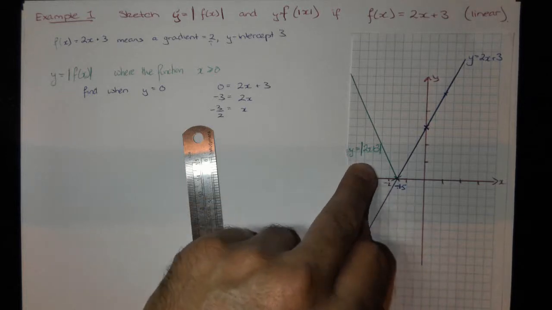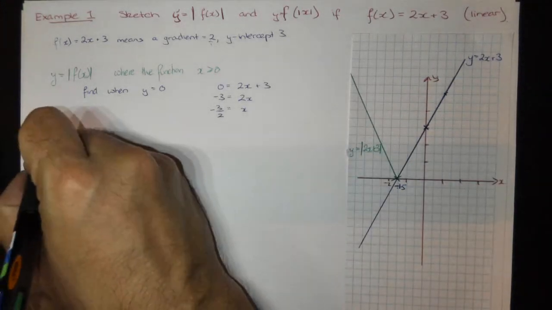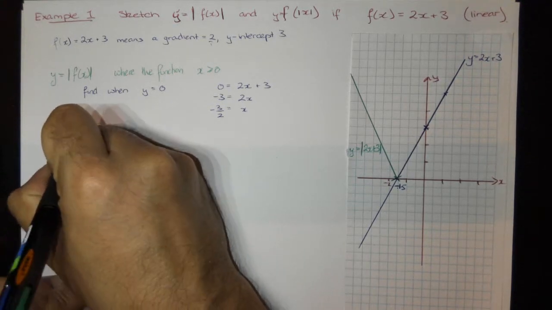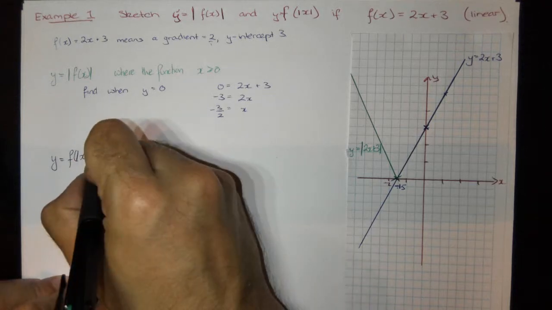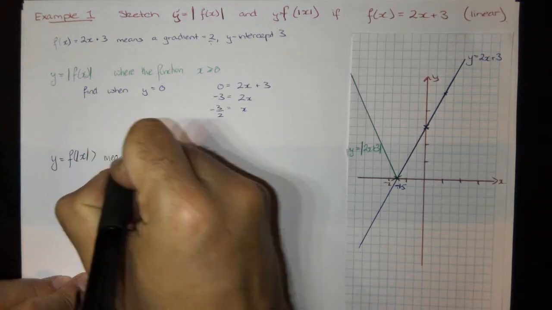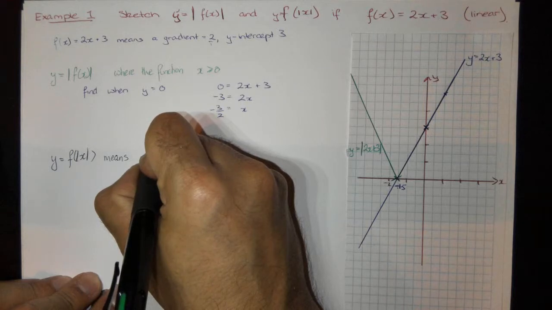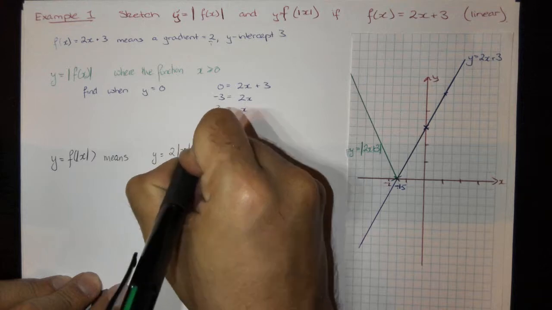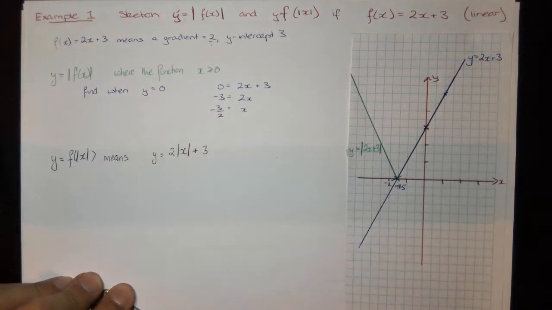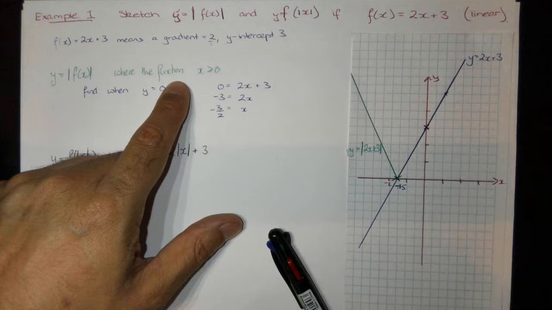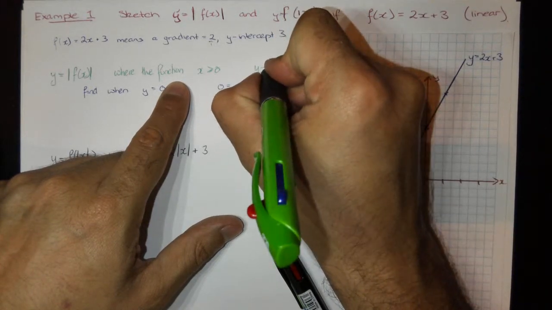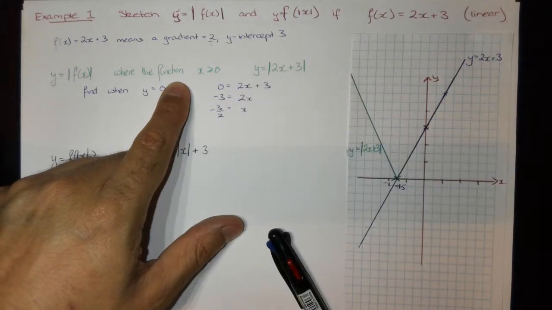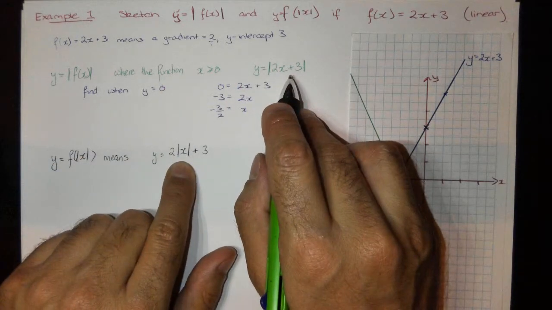The other function I want to do is y equals f of absolute x. That means we have y equals 2 absolute x plus 3, whereas in this case, this was actually y equals the absolute of 2x plus 3. See the difference? It's only the x value which is an absolute.